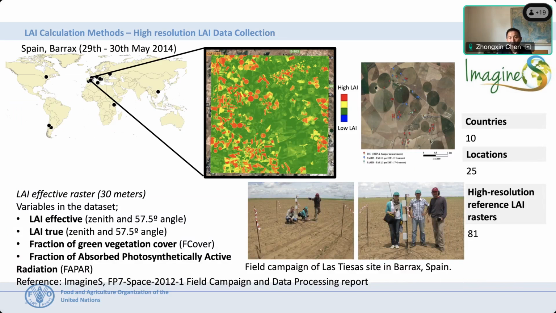So the sample region usually covers several square kilometers, and then they have the field measurement and remote sensing images at different resolution.